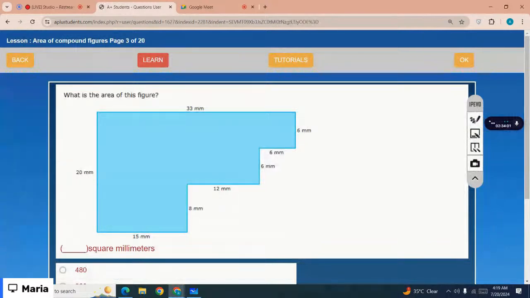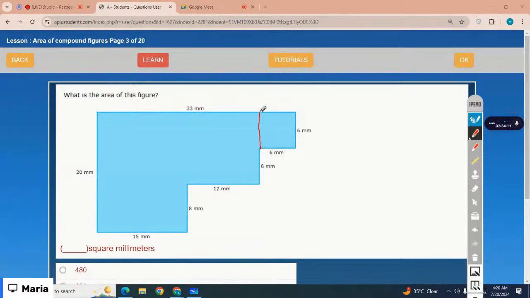What is the area of this figure? So again, you have to divide the figure into smaller figures. You can do like this one, then this, right? So it is 20, this is 15. 20 times 15 is 300. Here you have to do 12 times 12, that is 144, right?